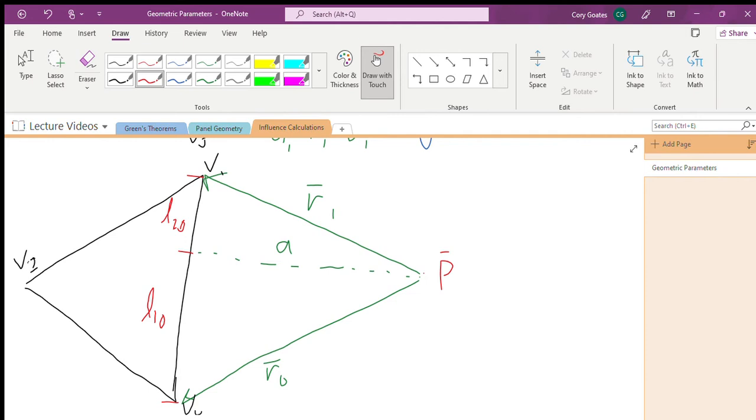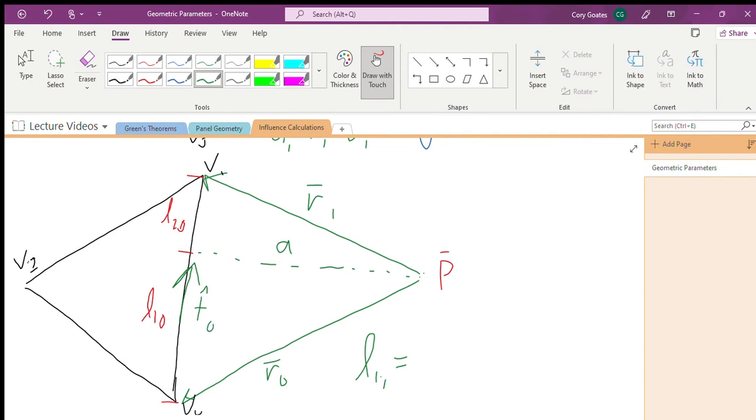And the way we calculate each one of these is we just have L1 sub i is equal to, now remember what defines our tangential direction. It's that unit tangent vector that we've calculated, t hat 0.